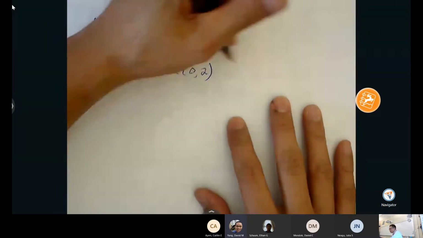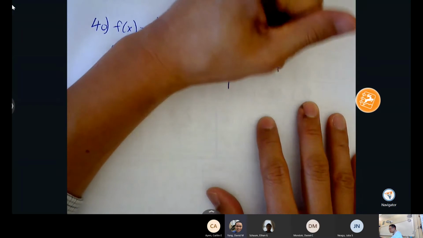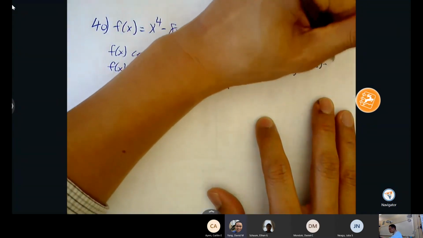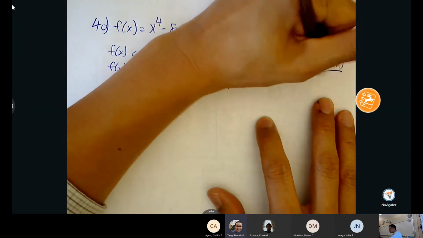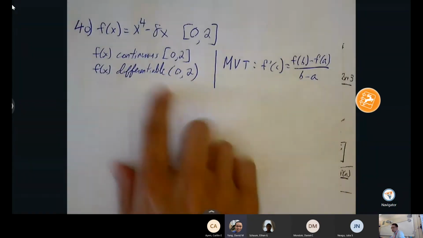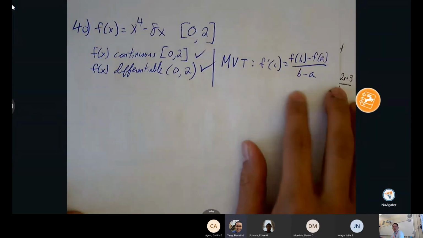So now we move on to mean value theorem, which is, here's our formula. So we know these are good. So we're ready for this.